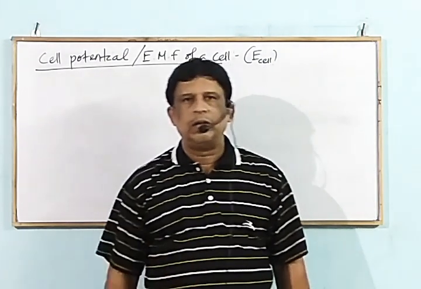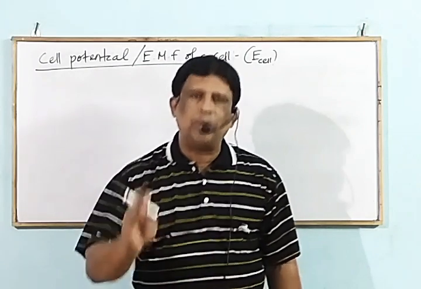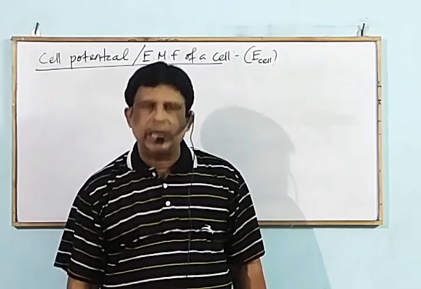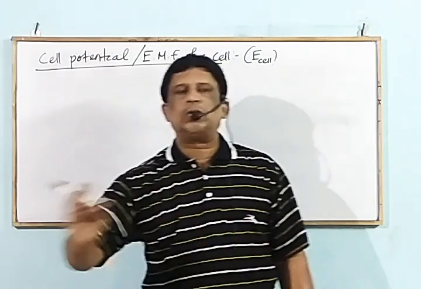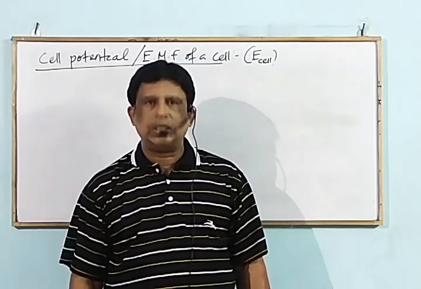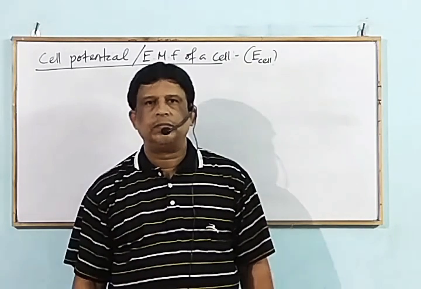In other words, electromotive force is also defined as a force which causes the flow of electrons from one electrode to the other electrode, as a result of which there is a flow of electrons, meaning flow of current.